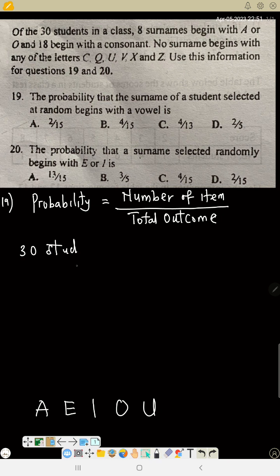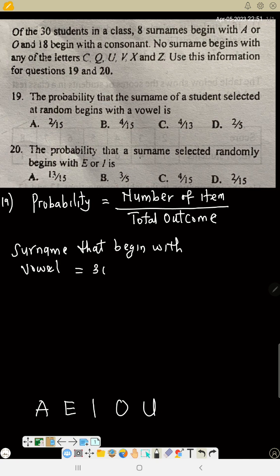Definitely, the surnames that begin with vowels will be equal to the total number, 30, minus 18 that begin with consonants.